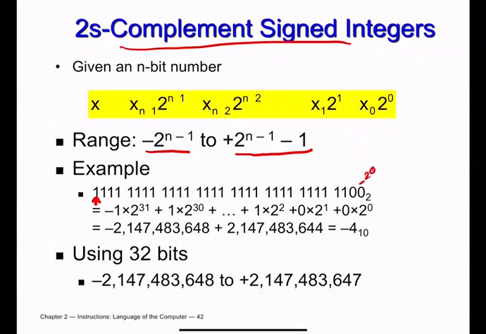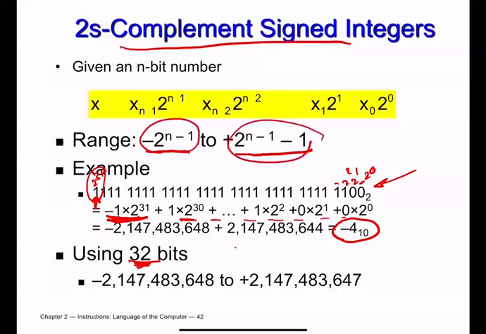This has the power of 2 to the power of 0, 2 to the power of 1, 2 to the power of 2, all the way to 2 to the power of 31. The only difference is that this represents a sign, and I will treat it as minus 1 times 2 to the power of 31. When you do all of this, you will find that this number is nothing but -4. And when I have 32 bits, instead of counting from 0 all the way to 2 to the power of 32 minus 1, which is 4 gig, I am counting from this to this. And I'm assuming that you know all of this information by heart.